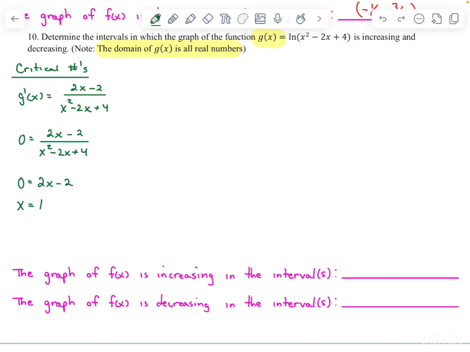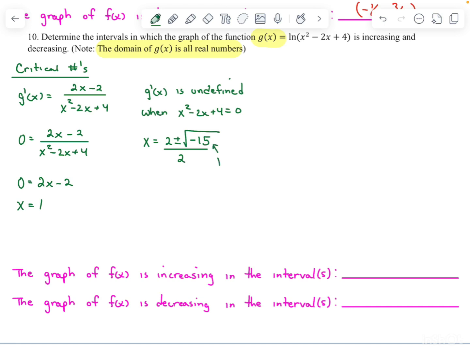Now to determine when the derivative is undefined. The derivative is undefined when x squared minus 2x plus 4 is equal to 0. If we apply the quadratic formula to solve for x, we will have x is equal to 2 plus or minus the square root of negative 15 divided by 2.